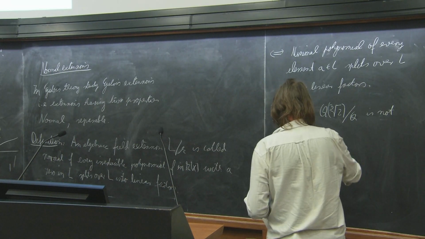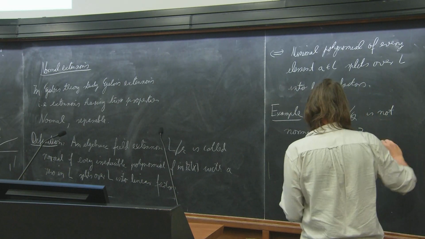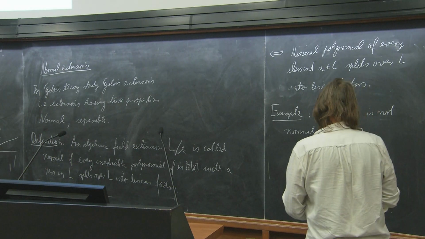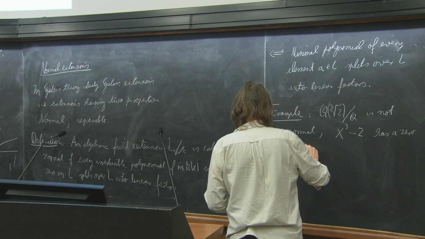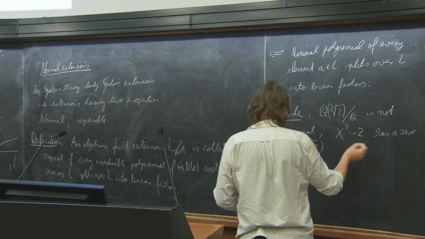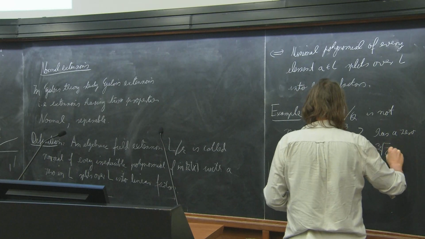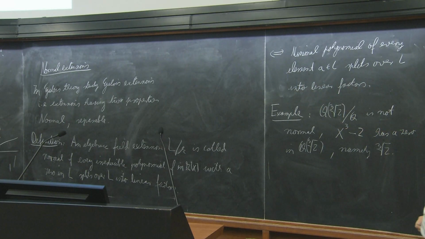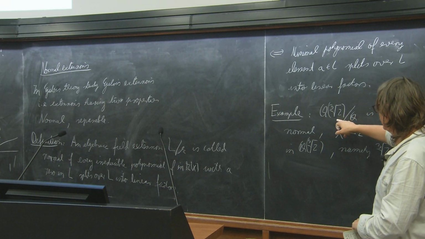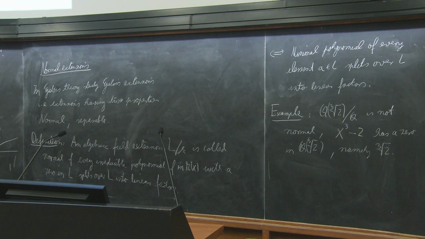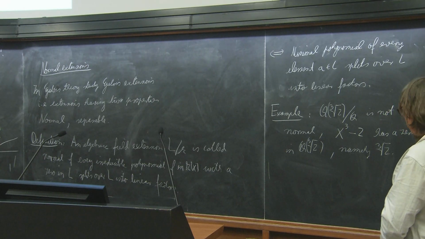Because if I take x^3 minus 2, this is a polynomial with coefficients in Q. This has a 0 in Q(third root of 2). But it doesn't split into linear factors, because the other zeros would be zeta times third root of 2 and zeta squared times third root of 2, where zeta is a third root of unity, so e to the 2 pi i divided by 3.